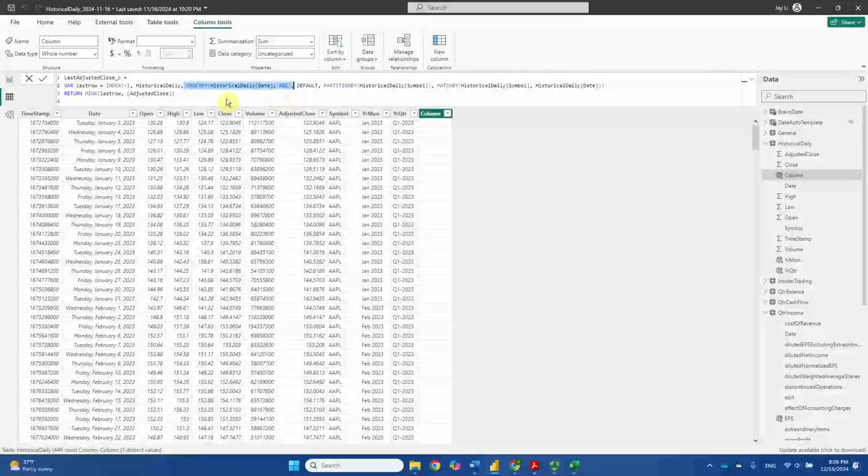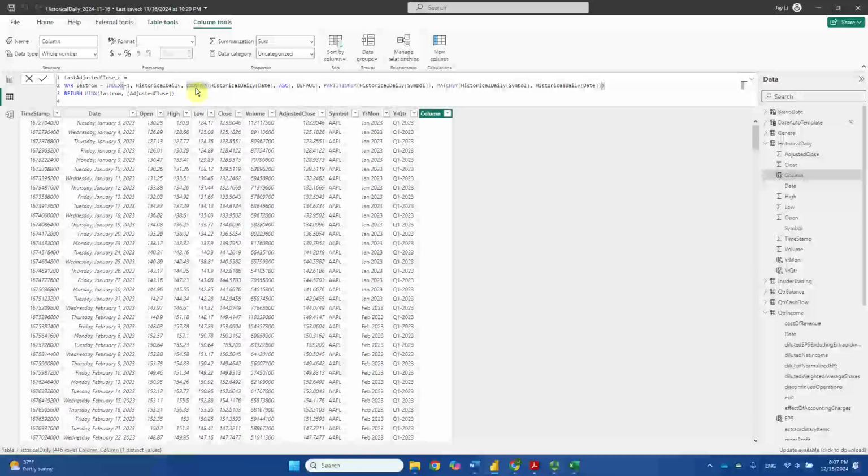Anyways, these three arguments basically make sure the data set the index function is working on is going to be sorted into different groups, each group being a particular stock, and within each group, the dates are sorted ascendingly.